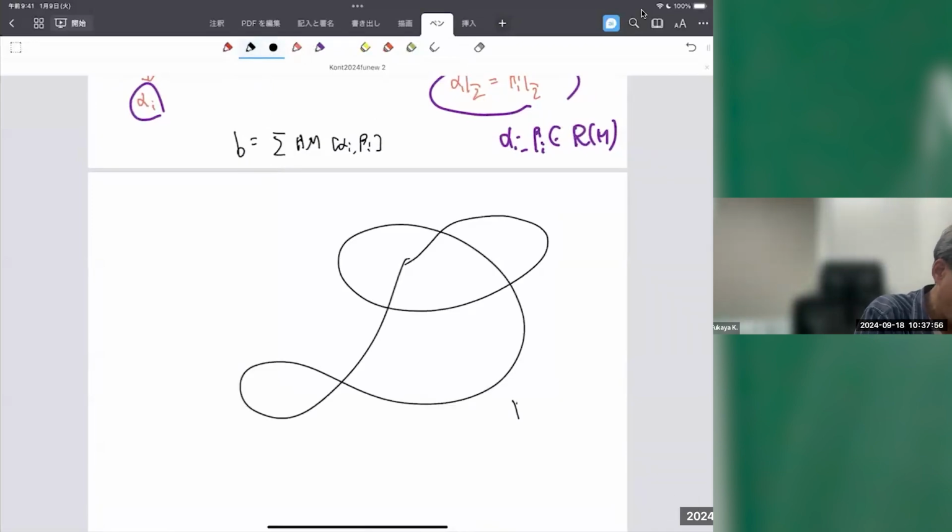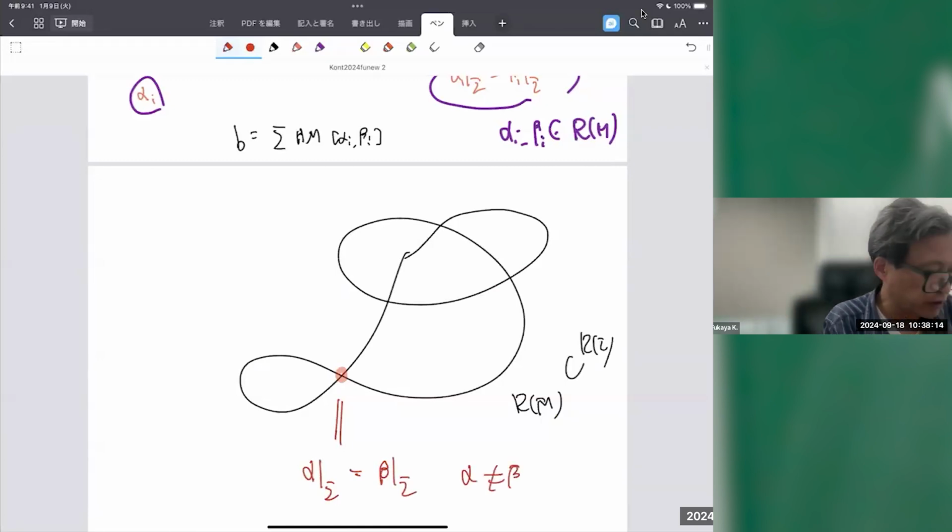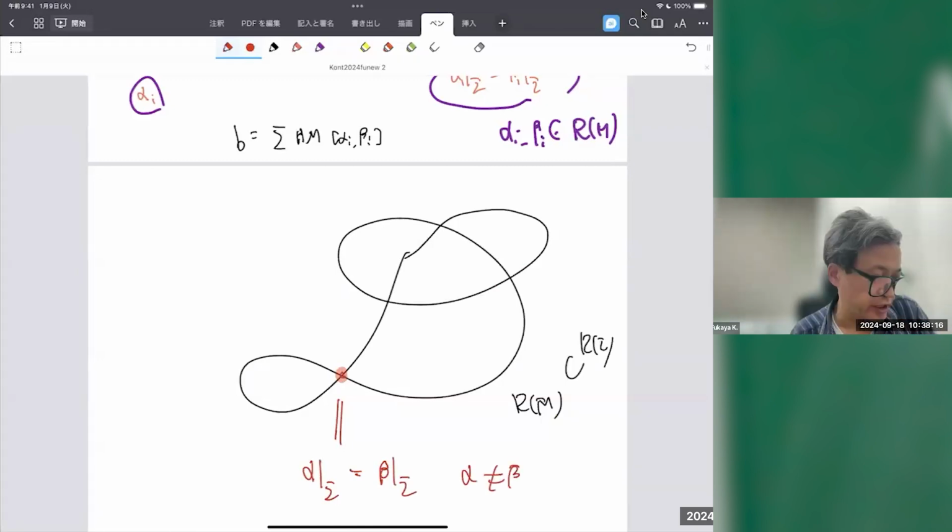You have this R(M) in R(sigma), and your point is something here. This point is equal to the restriction to sigma, and alpha and beta are not equal on them. So for each point, we want to associate some number. That is our bounding cochain.